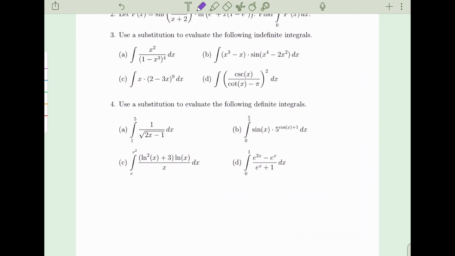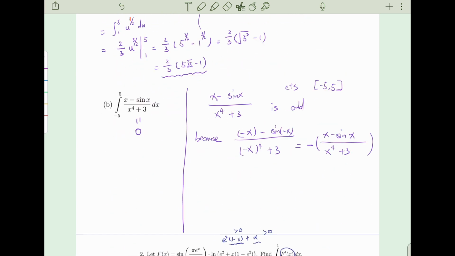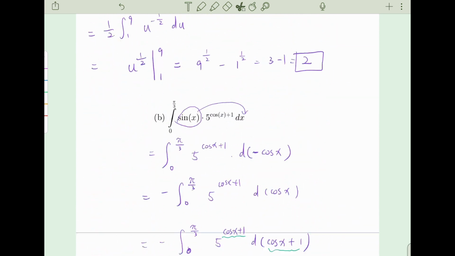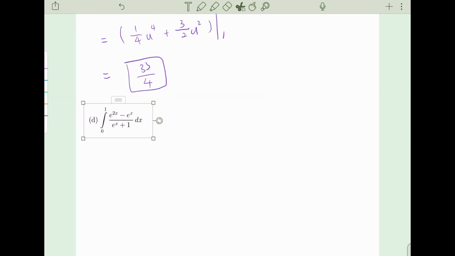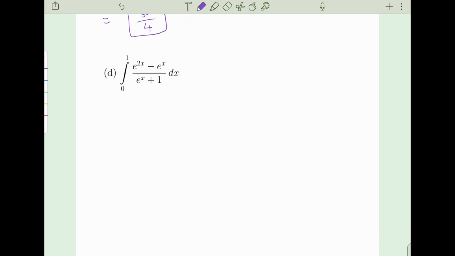After practicing a lot, it will become obvious which substitution you need to use. That sounds very absurd, but it's genuinely true for this kind of exercise.